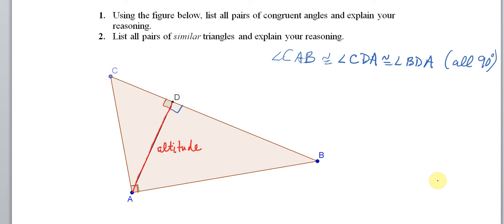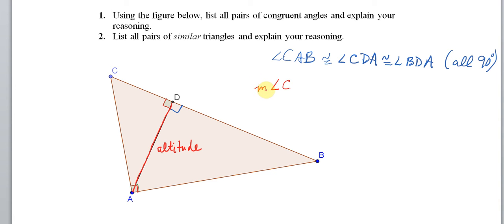Now, beyond that, let's see what else we can say. Well, if you notice here that angle C and angle B add up to 90, so we can say a few things here. Angle C and angle B are not congruent, but they have a sum of 90 degrees.